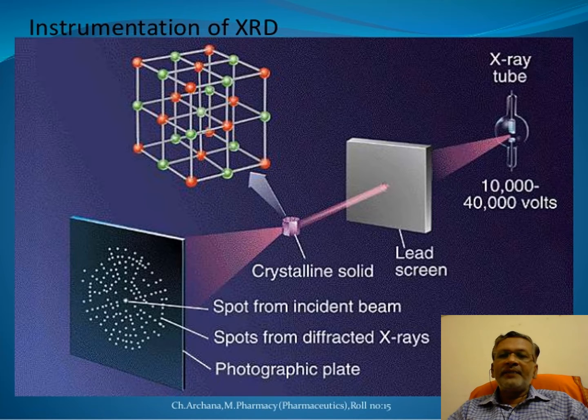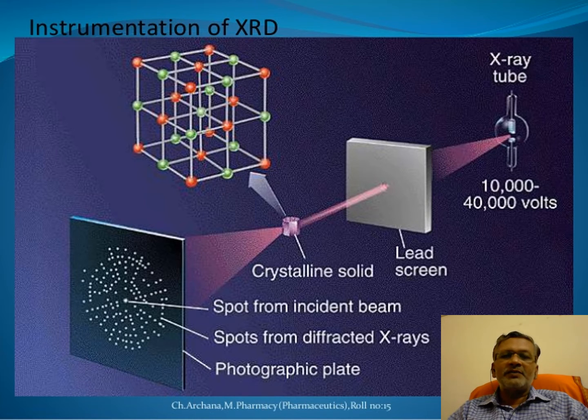Instrumentation of XRD. In the X-ray tube, we pass electric current through the cathode and anode at nearly 10,000 to 40,000 volts, and the beam passes through the lead screen. As a result, only K beta rays pass here, and the remaining L alpha rays are eliminated, and the beam is incident on a crystal whose crystal structure is to be determined.